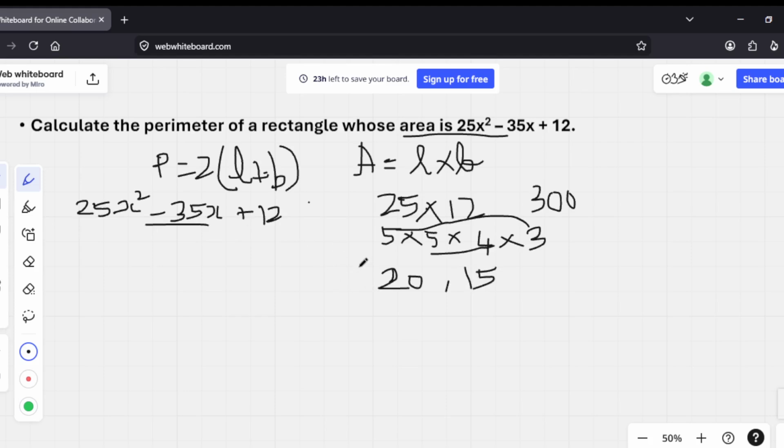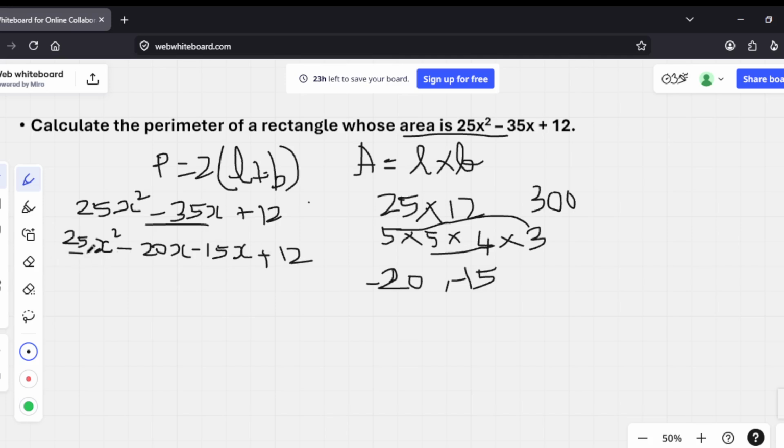And now I want minus 35, so just by adding these, minus 20 and minus 15, I'll get minus 35. So in this way we can split the middle term, and now I'm going to rewrite that in the expression: 25x square minus 20x minus 15x. The middle term is now split, and then I'm writing the constant as it is, plus 12.